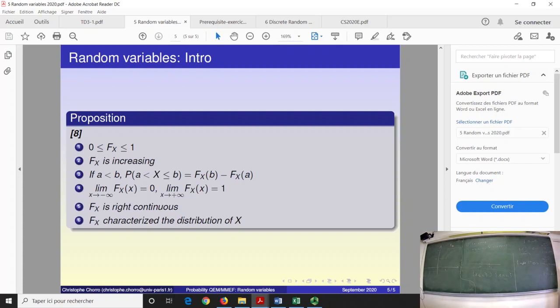In other words, if F of capital X equals F of capital Y, then P of X is equal to P of Y. I don't enter into too much detail for this one because I will come back to these points in the next session when we work with discrete random variables. But the last point tells you that if you want to characterize the distribution of a random variable, knowing exactly its distribution or knowing its distribution function is exactly the same. It's totally equivalent.